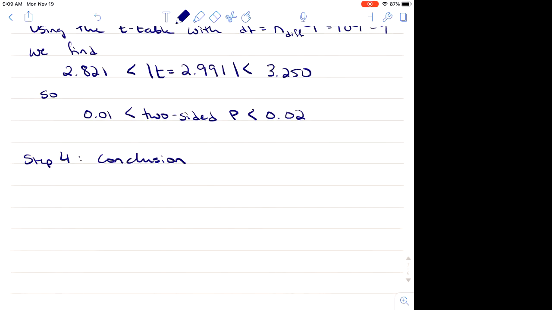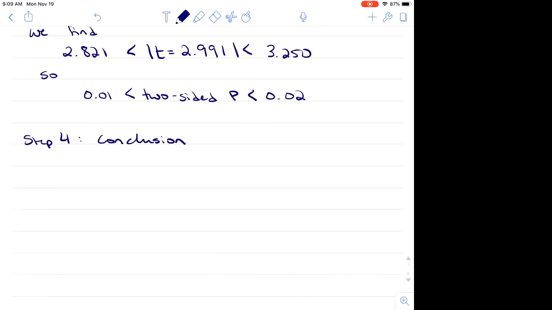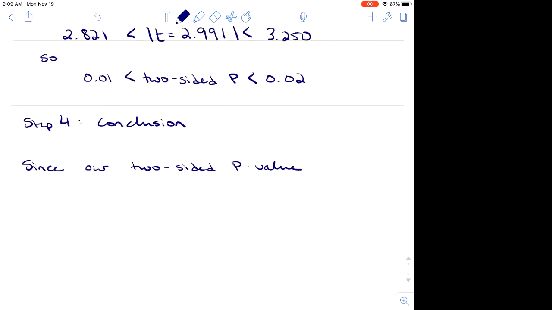And we just use the same blurb that we have been using, more or less memorized. Since our 2-sided p-value, right, we want to show that we know what it is, between 0.01 and 0.02.